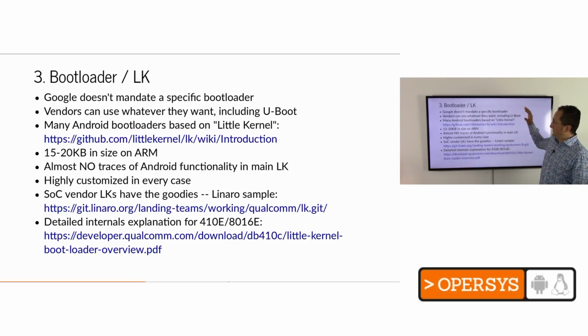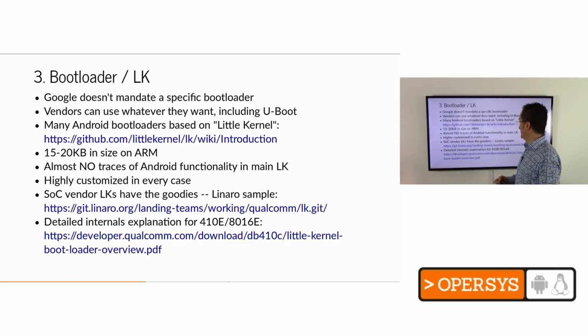So the little kernel project is on GitHub. It's effectively kind of like a very tiny executive. It doesn't really do much, and it's not really bootloader specific, but the bootloaders based on it use this as their source. However, they're going to add a lot more stuff to it. So there's a tree on Linaro's Qualcomm landing team that has effectively the stuff in there.